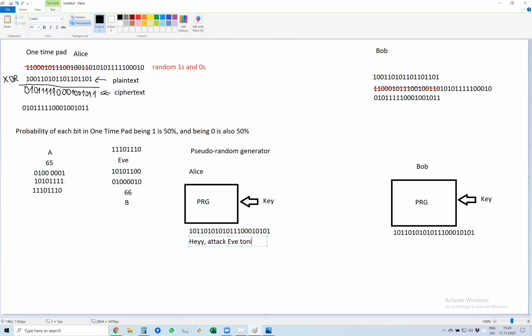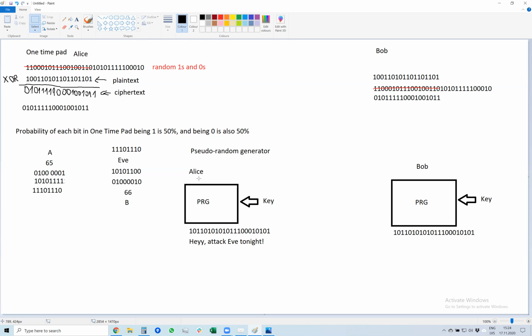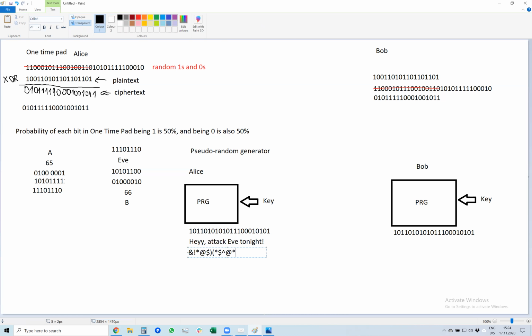So when Alice wants to send a message, which is, for example, hey, attack Eve tonight, you know, encryption was invented for war reasons. So this is like a real life example. So she encrypts the message, blah, blah, blah.